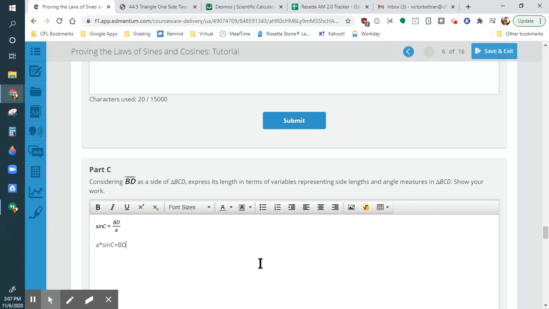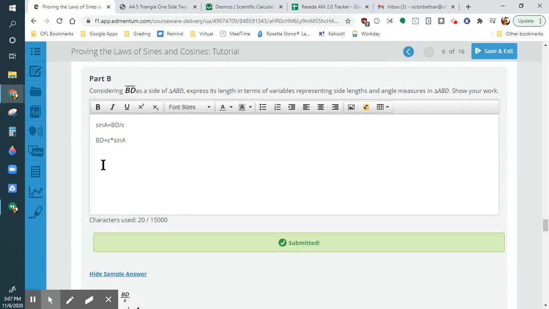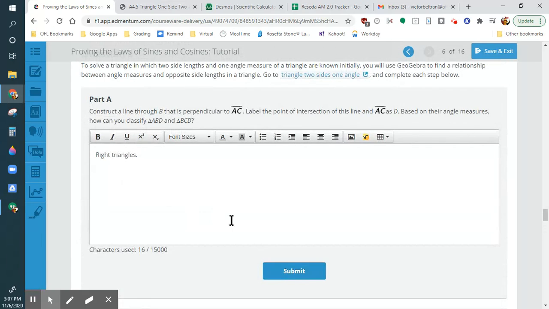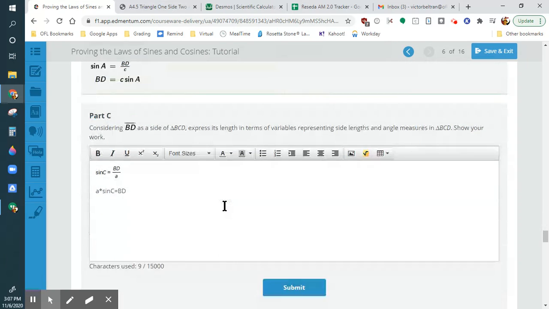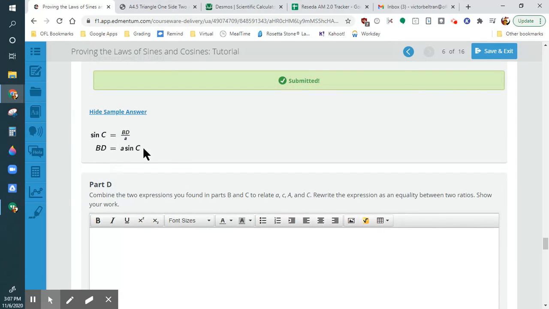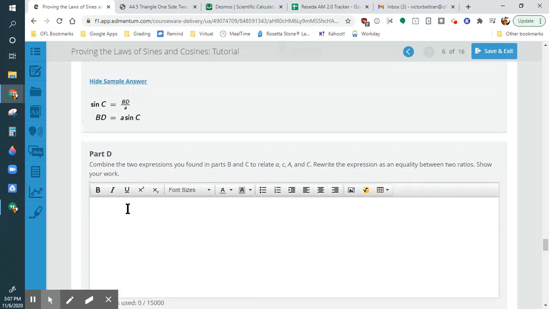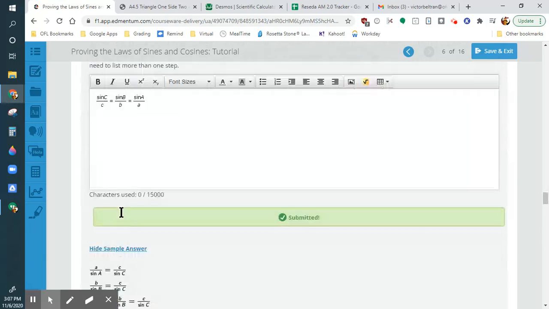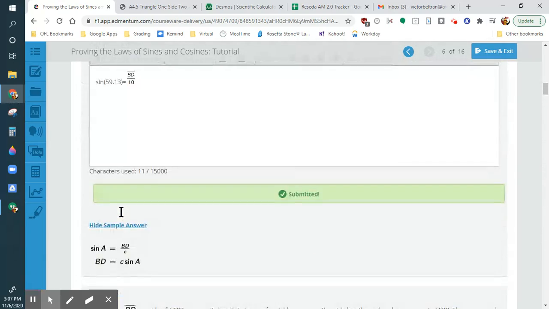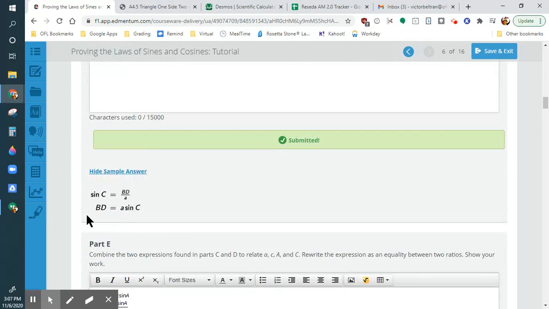Oh, you know what? I should probably submit this so we can see. Yep, exactly the same thing we did in the previous part, which means this is going to be exactly the same thing we did in the previous part. Yep, combine them to show our work. So we're going to scroll all the way up to part one.